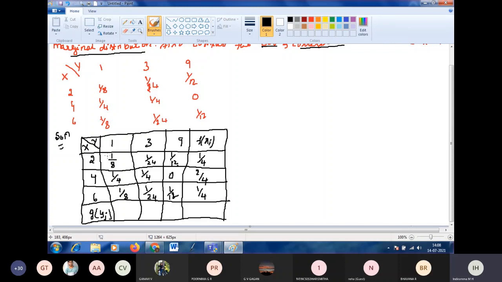Next, come to the column wise. What is 1 by 8 plus 1 by 4 plus 1 by 8? Take LCM 8. This becomes 2 plus 1, 3, plus 1, 4. 4 by 8, that is 1 by 2. Next, 1 by 24 plus 1 by 4 plus 1 by 24, what you got? 1 by 3.